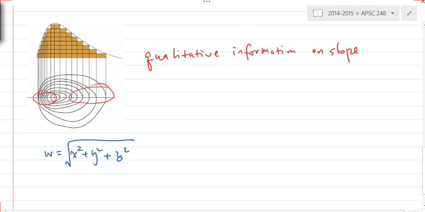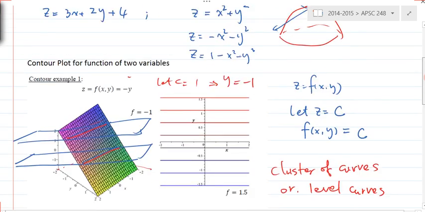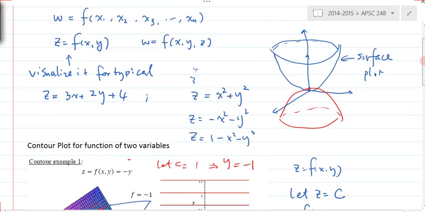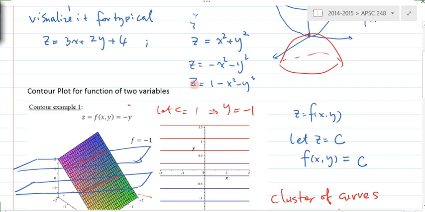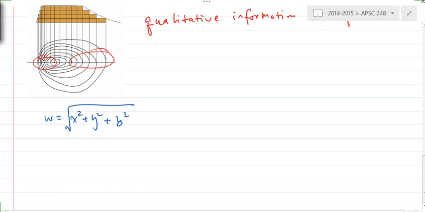So what does the level curve or contour plot do? You let z equal to c, and then you look at the level curves, or the contour plot. For this particular case, we can let w equal to c.